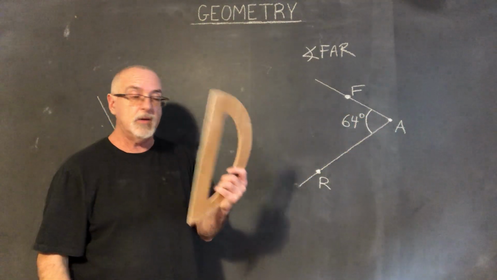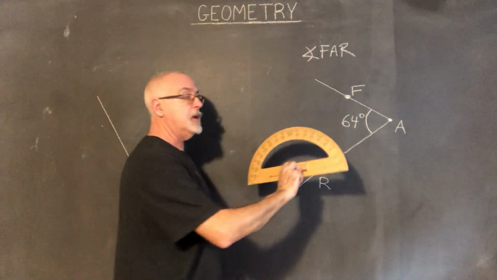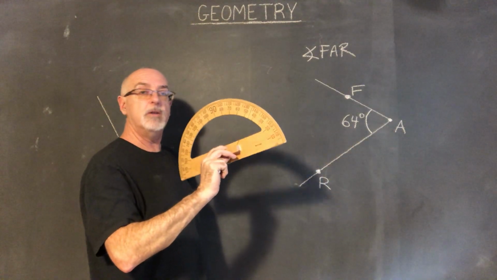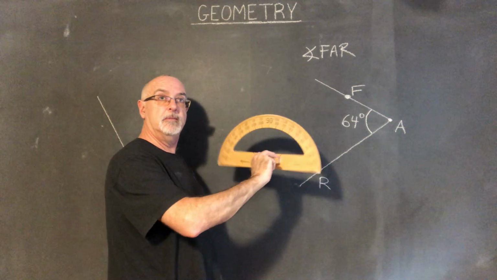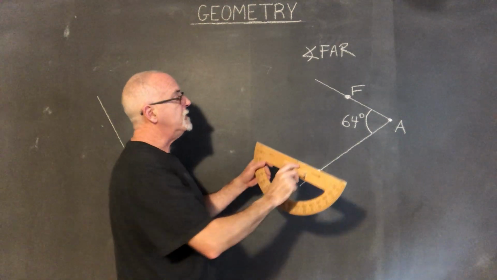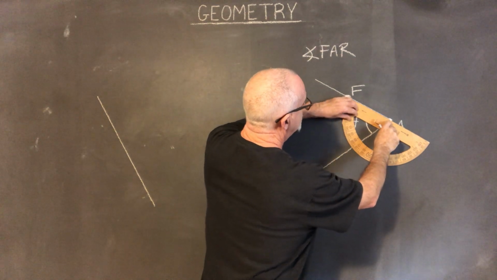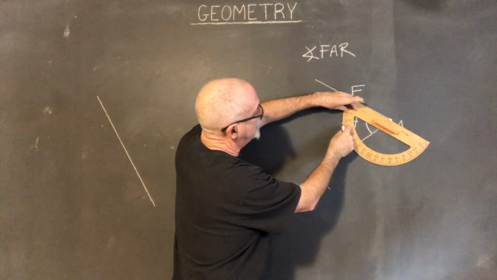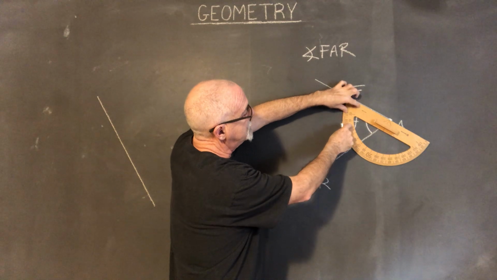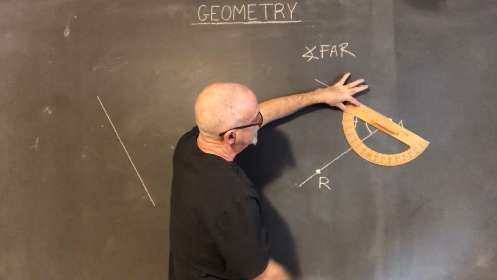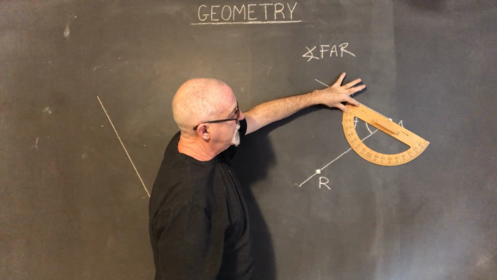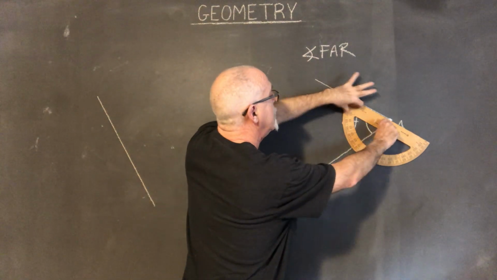But then, of course, I can also double check. I can walk up to that angle with my protractor, and using either of the strategies for measuring an angle, I can set up my 0 dot and my baseline, and then I can use the appropriate set of numbers. In this case, it's the inside set, and I see that yes, that has done quite a good job of being a 64-degree angle.